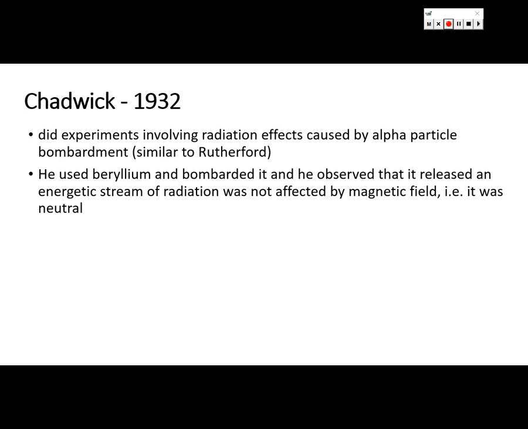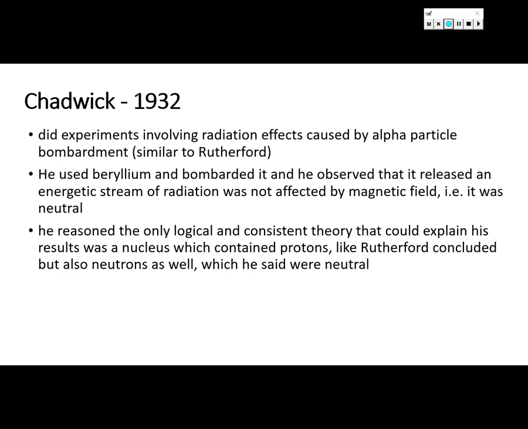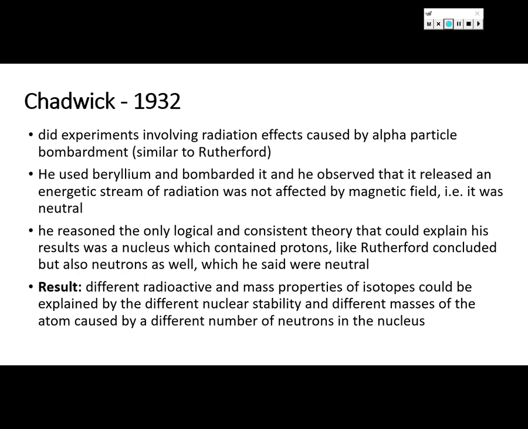He used beryllium, and then the stream or the beam of particles that was released was not affected by a negative field like Thomson's experiments were, which meant it was neutral. So as much as the nucleus had protons, it had to have something else. So he called that something else neutrons.